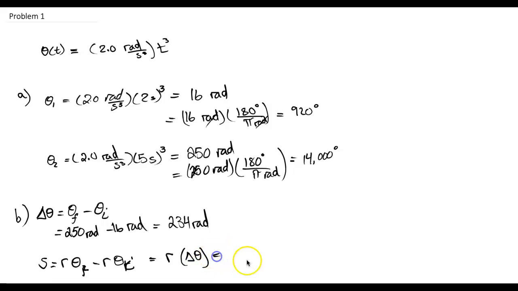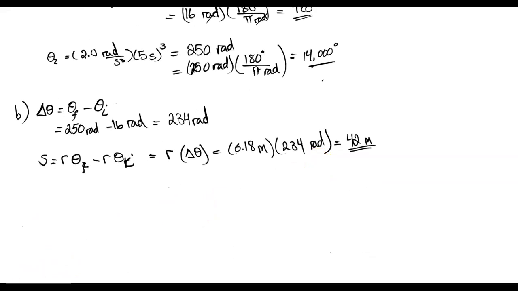So this is going to be 0.18 meters is the radius times 234 radians. And you'll find out that whenever you have a unit of length and radians, that unit of length will always take over and the radians will disappear. So now we have an answer for part B.